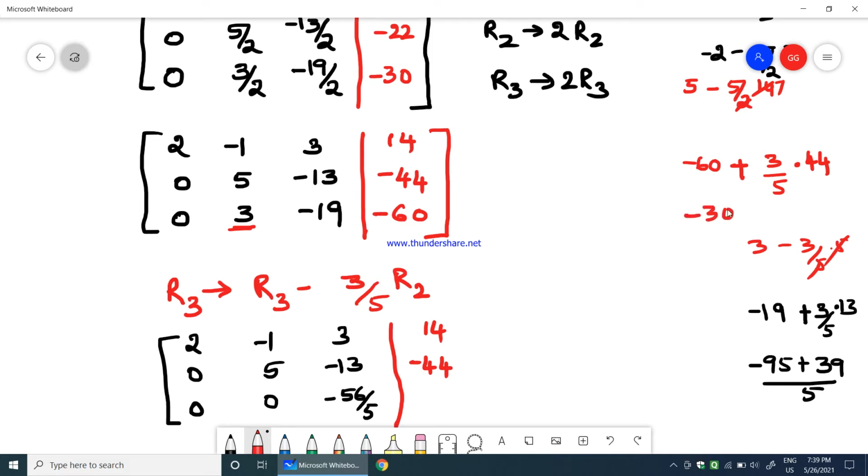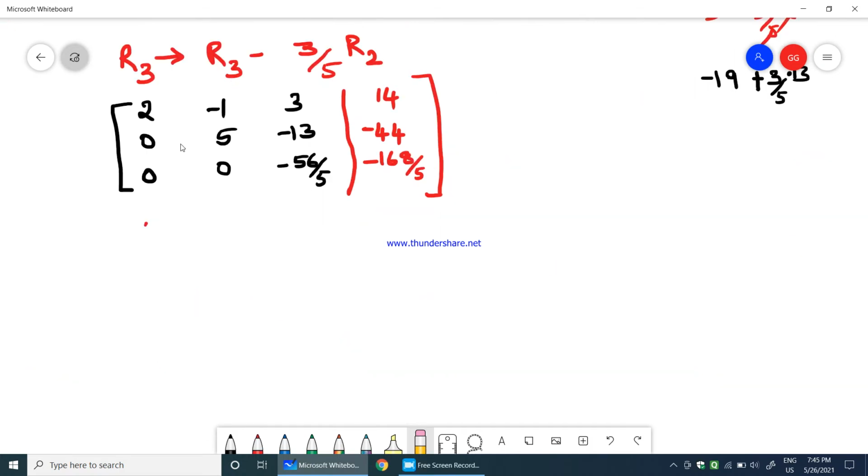It is minus 300 plus 44 into 3. 44 into 3 is 132, so 132 by 5. Minus 300 plus 132 is minus 168 by 5. I get minus 168 by 5. This is the final row that we have got after the row operation.